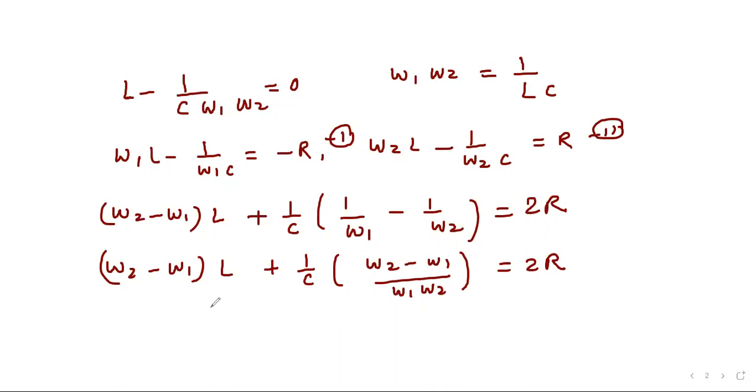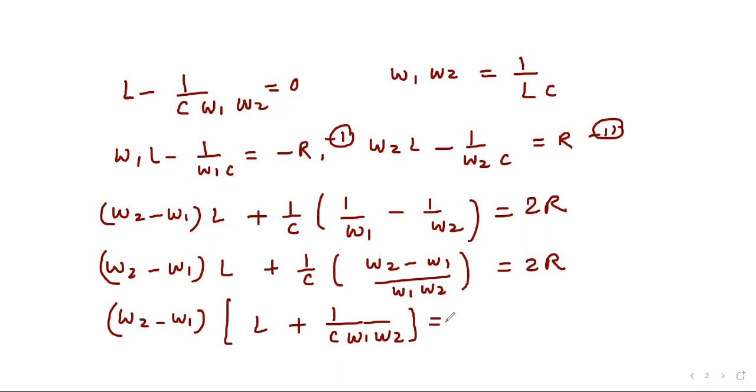So from here, we can take common omega 2 minus omega 1 times L plus 1 upon C omega 1 omega 2 equal to 2R. Now, here we have got omega 1 omega 2 equal to 1 upon LC, or 1 upon C if we evaluate from here, 1 upon C will be L times omega 1 omega 2.